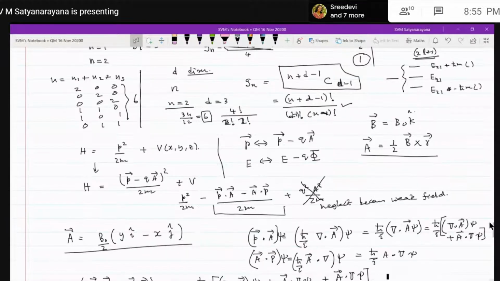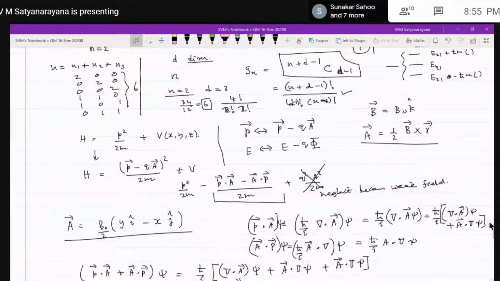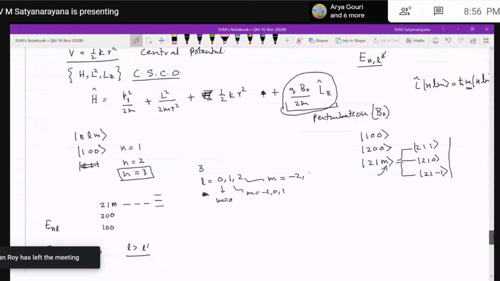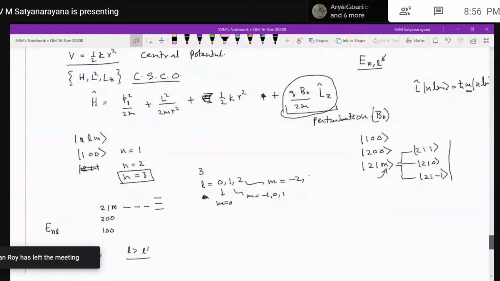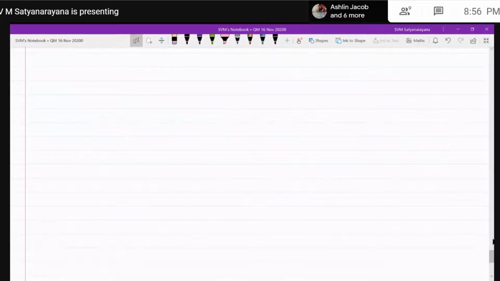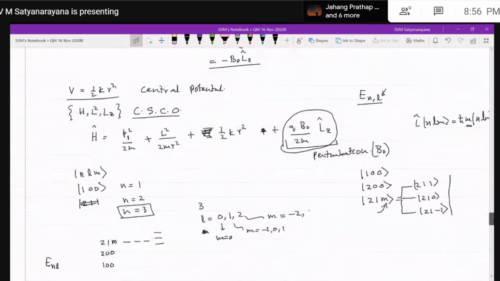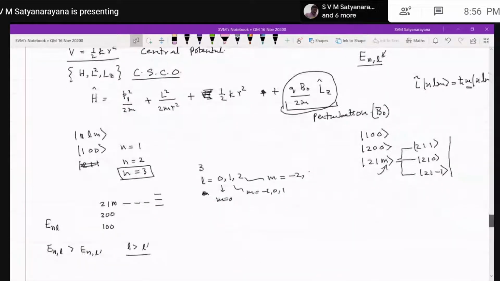But you understood the point, right? All this mathematics is correct. You have Lz as the perturbation Hamiltonian, so it will only lift the degeneracy with respect to the eigenvalues of the Lz operator.